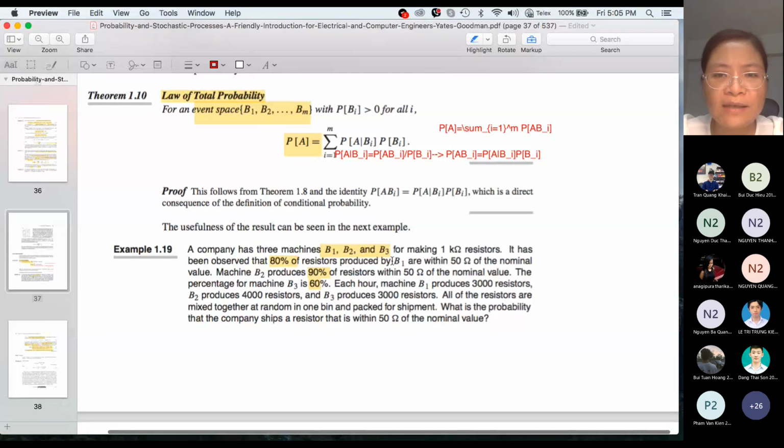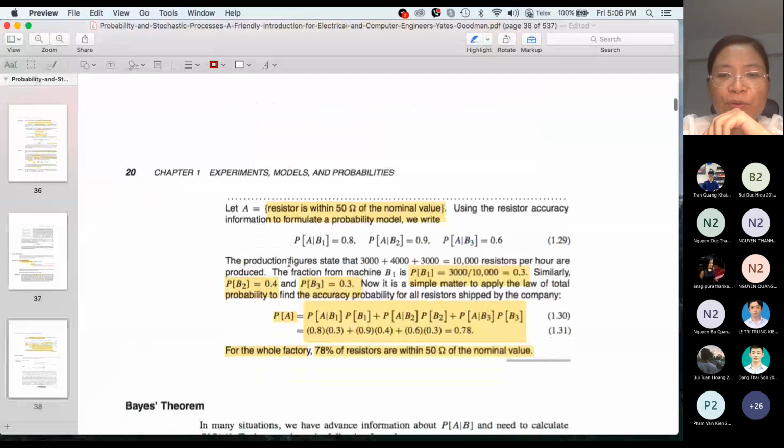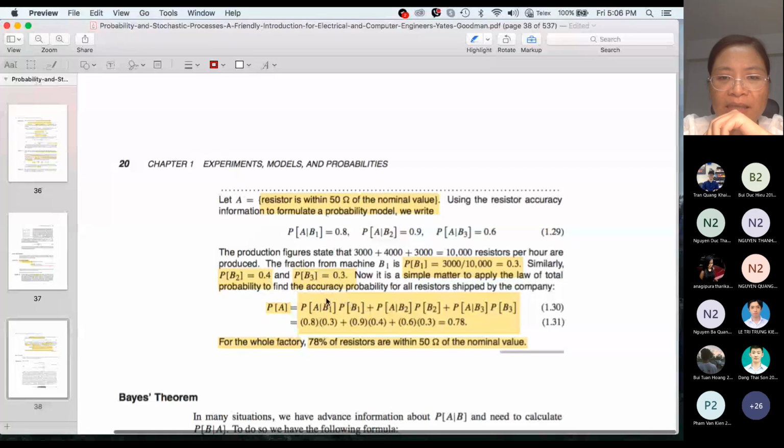If we know that B1 occurred, it means the resistor is produced by B1. So for A given B1, we have this. But if you choose randomly, for A and B you have to multiply: B1 is 0.3 and A given B1 is 0.8, so the probability is 0.24 for A and B1.